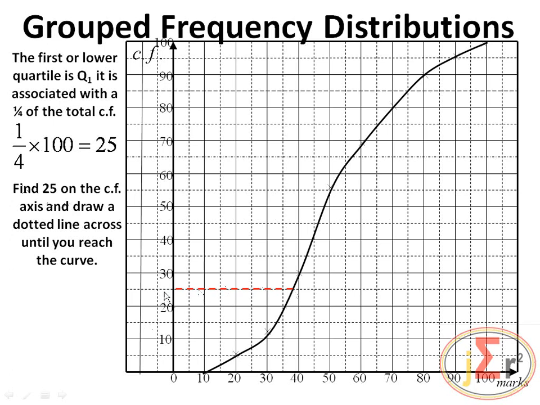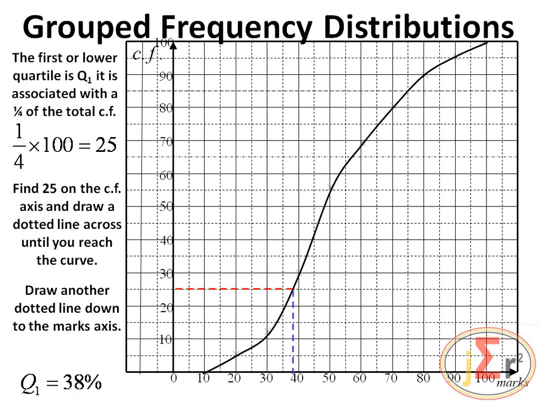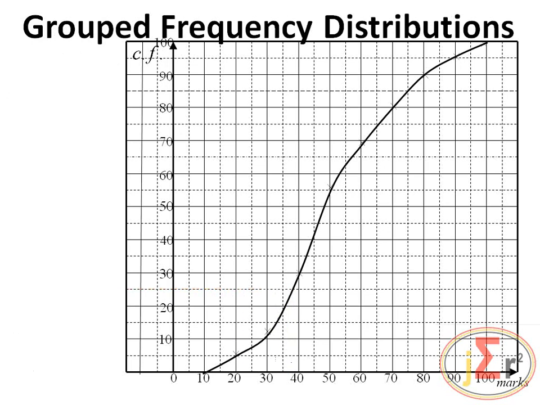When we get to the curve, we draw another dotted line down to the marks axis. And that value that it touches on the axis, which is 38%, is our first quartile.